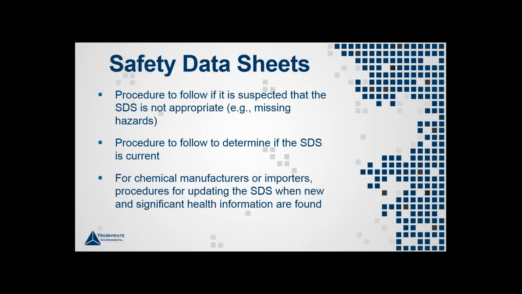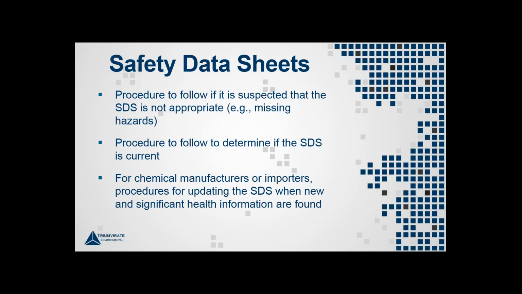Okay. More procedures you need to have in here: what if it's suspected that the safety data sheet is not appropriate, or it's missing something? What do you do? In your written plan, it should just say, if something's missing or we feel something's incorrect, the person designated is going to contact the vendor, something that simple. Again, how do you know that the safety data sheet is current? What's your process?